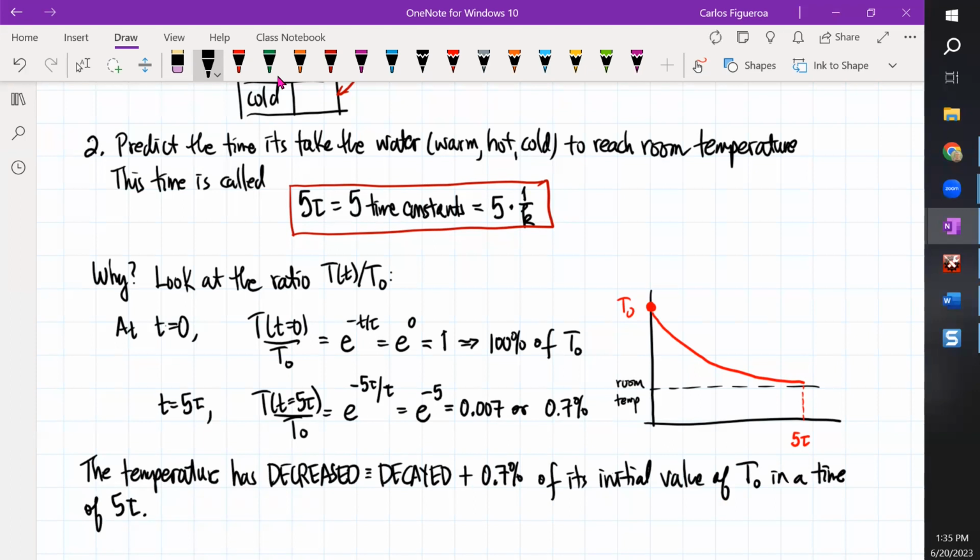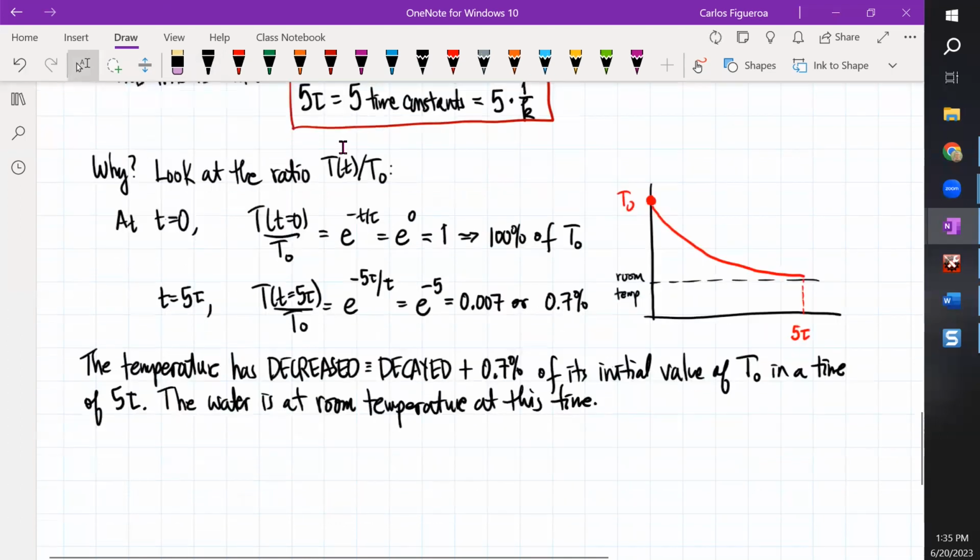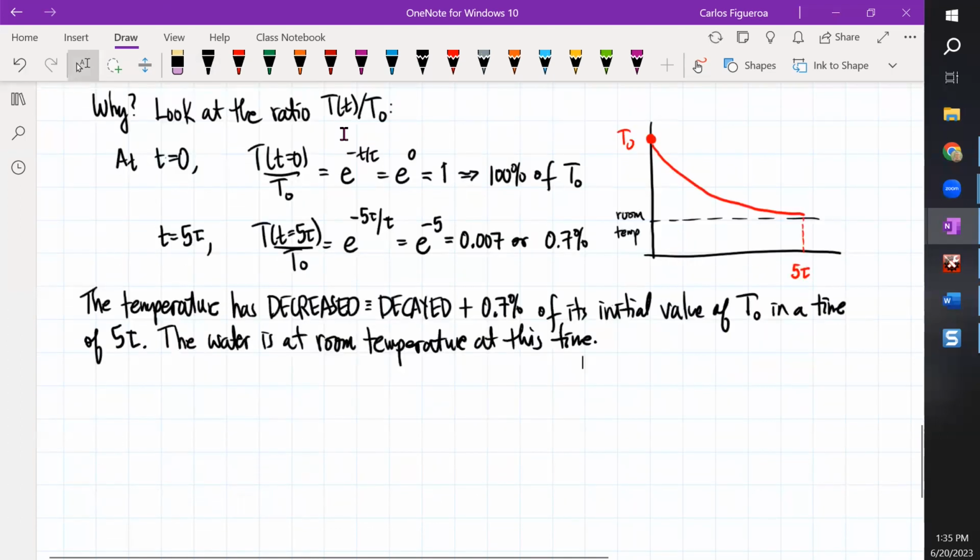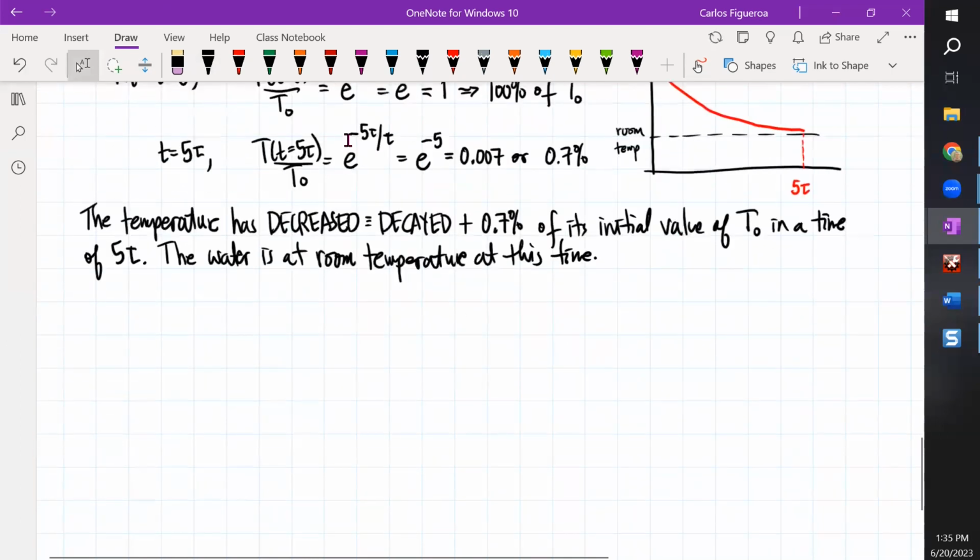In other words, the water is at room temperature at this time. Okay? So those are the things that I want you to check for all three graphs.